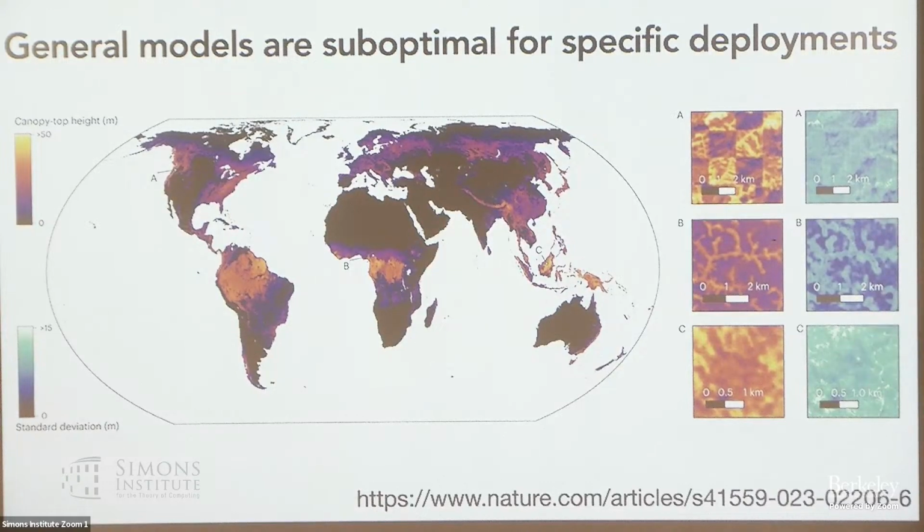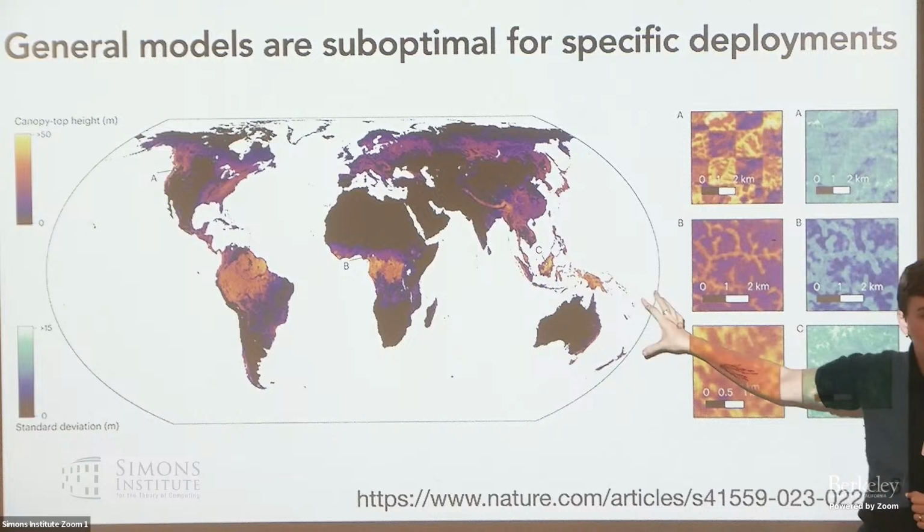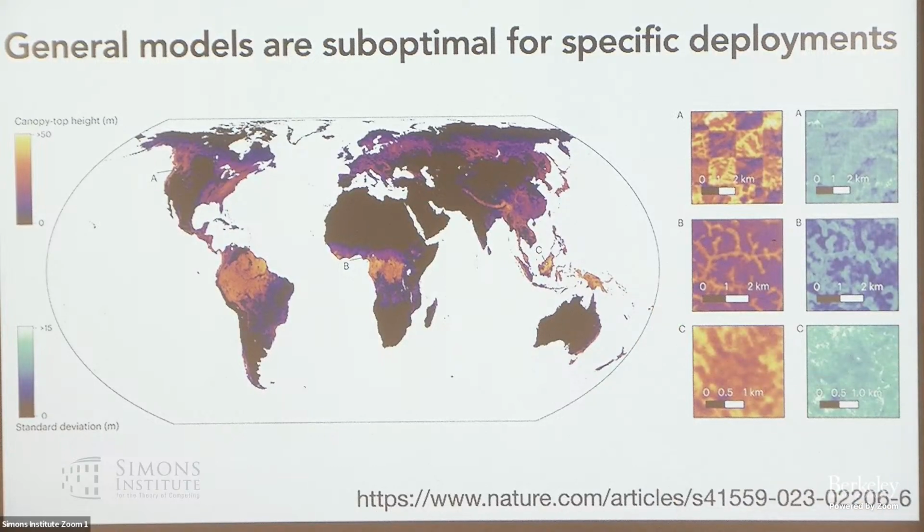So this is a really amazing work where they built a tree canopy height model for the entire Earth based on GEDI as a new orbital sensor. And here you can see that in aggregate, this is significantly more accurate than any previous work.